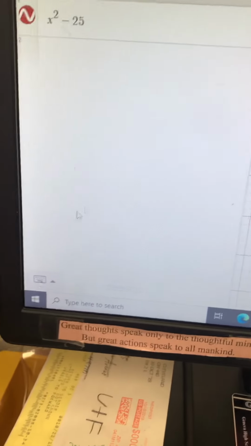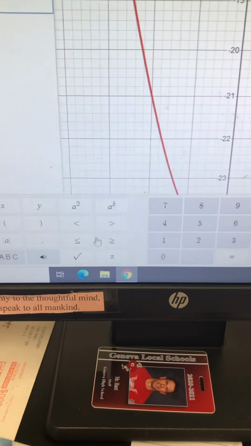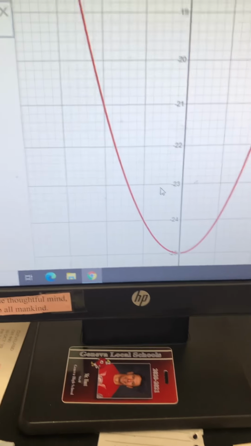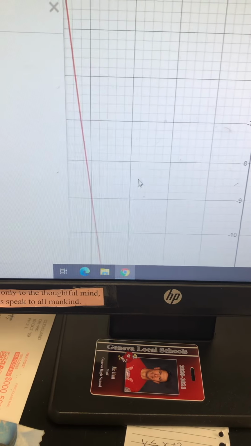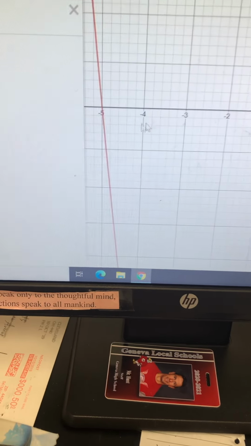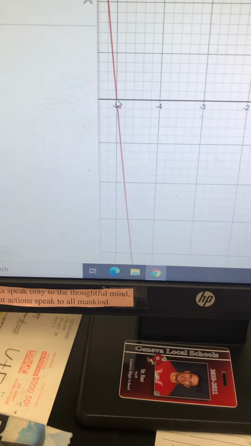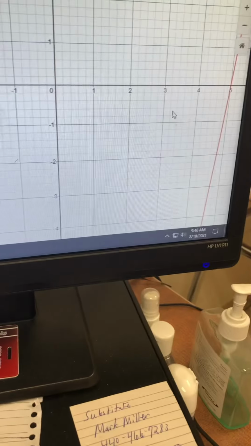Here's one of the problems I'm going to talk about in a moment. Use this in order to go ahead and graph that for you. Shrink it down so you can see your graph, and you can see the zeros. The zeros are simply the x-intercepts. So where it intercepts the x-axis, that's where y equals 0.